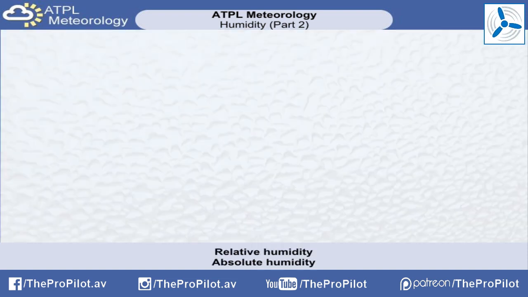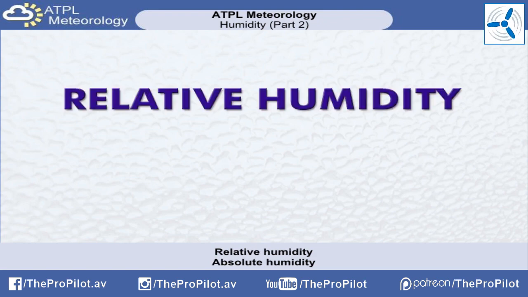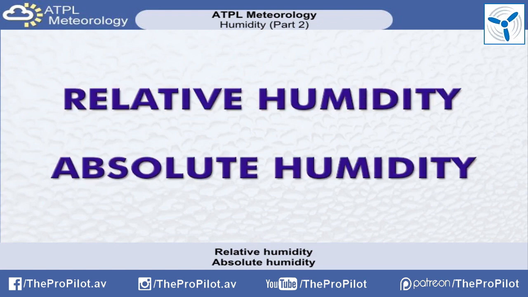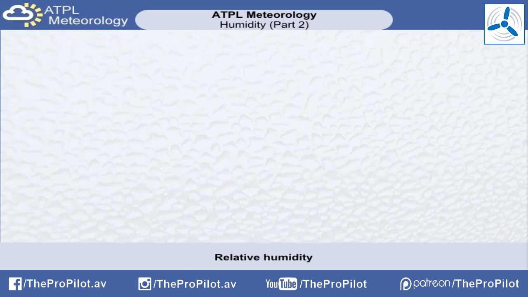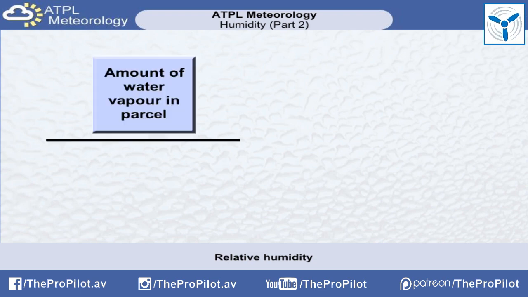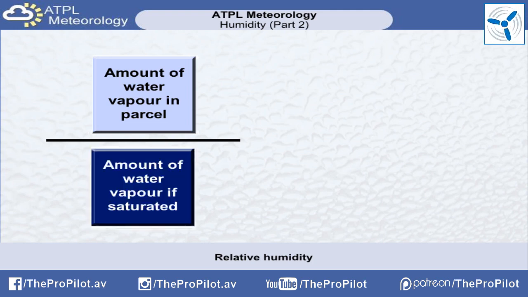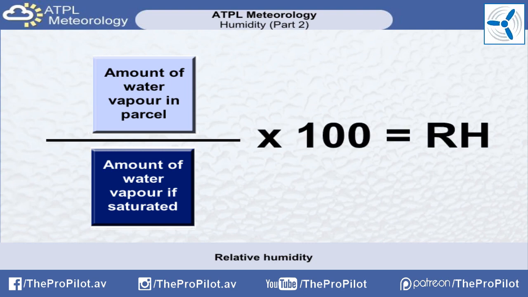We are now going to talk about humidity and its measurement. We can reference humidity with two specific terms, relative humidity and absolute humidity. Relative humidity is the percentage degree of saturation, or put another way, it is the amount of water vapour a body of air actually contains, relative to the maximum amount it could hold, expressed as a percentage.